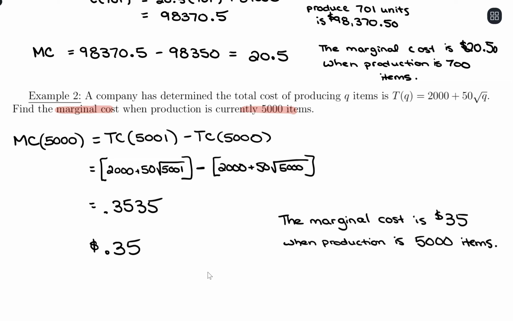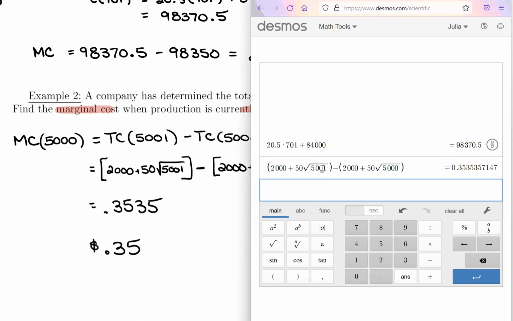Now just to compare how this would change, because with that first example, it was linear, so that marginal cost was always the same. This is not linear, this is a radical function. So let's see if we just change in the calculator, instead of 5,001 and 5,000, let's change this to 501 and 500.